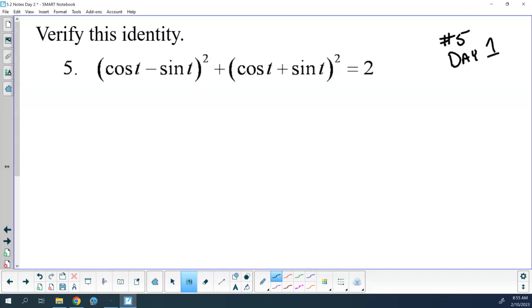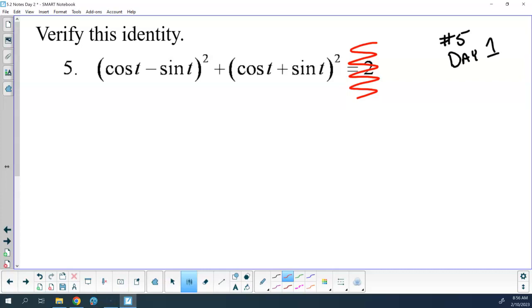So I am going to ignore the right side, and I'm going to focus 100% on the left side. I'm going to do everything that there is to do on the left side, and I'm not going to stop until I get 2. That's my goal. That's how I know I'm done.